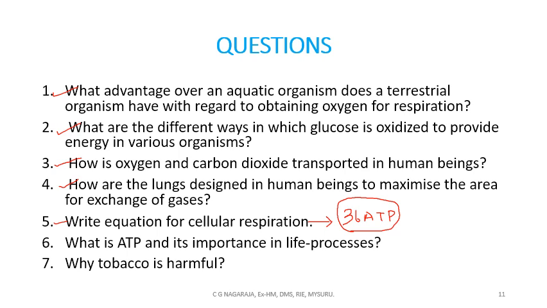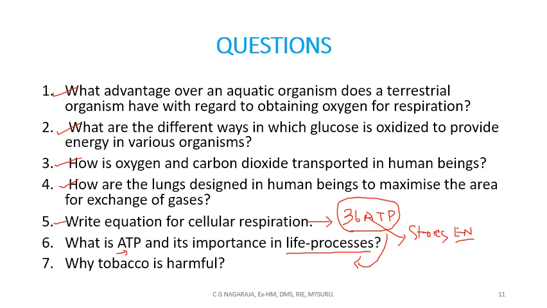What is ATP? Adenosine triphosphate is the expansion of ATP. That is the currency, because it stores energy useful to all the living processes, and life processes depend upon ATP molecules.